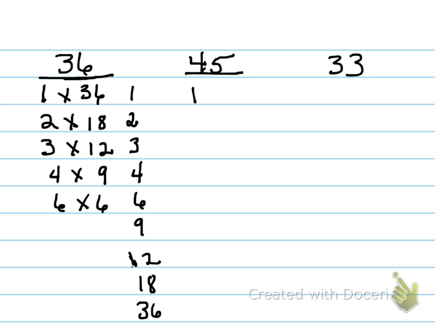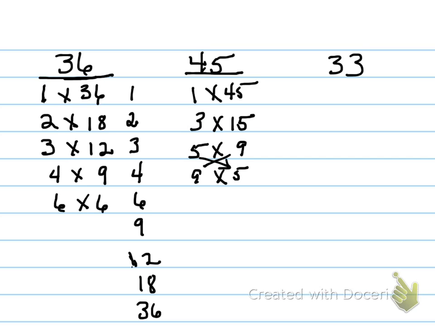Let's figure out for 45. Let me think. 1 times 45, 3 times 15, 5 times 9. Can't think of any number times 6, times 7, or times 8, but here's 9 times 5. Look, crisscross applesauce. The factors of 45 must be 1, 3, 5, 9, 15, and 45.